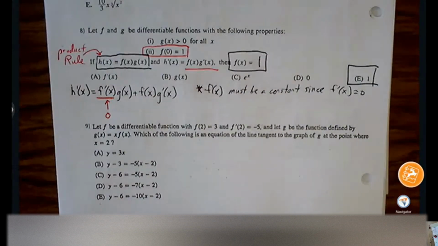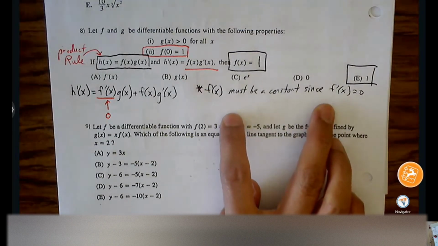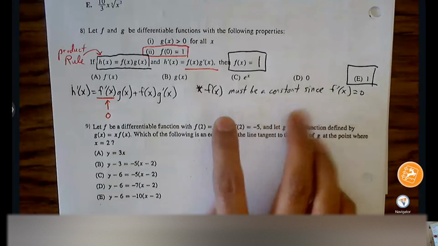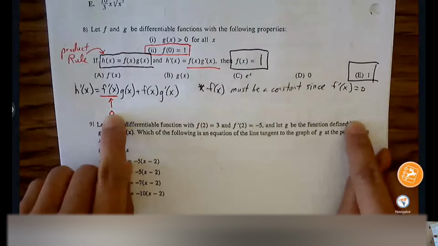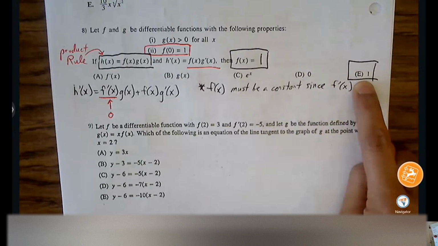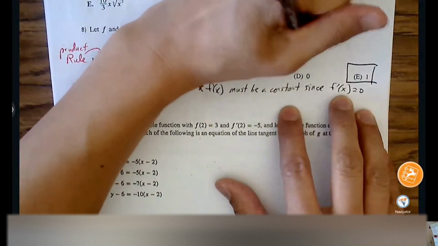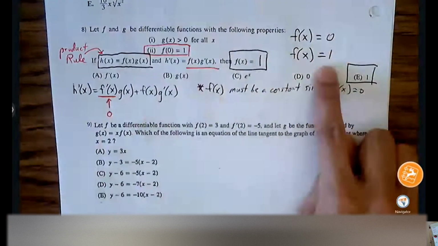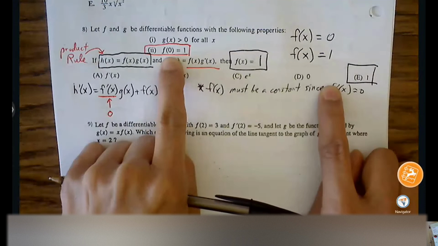Just to clarify, are we making that last determination based on the f of 0 portion or the equals 1? Right. Once I knew that f prime is equal to 0, I was down to two options: f of x has to be either 0 or 1. But if I tested both of these out, only one of these statements is going to allow this to be true.